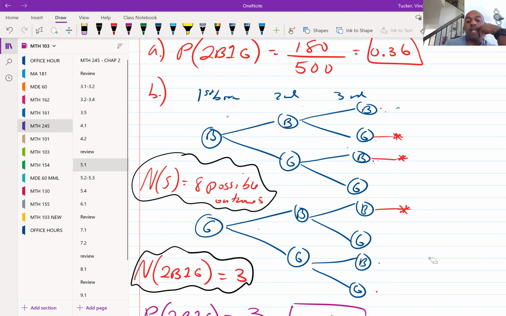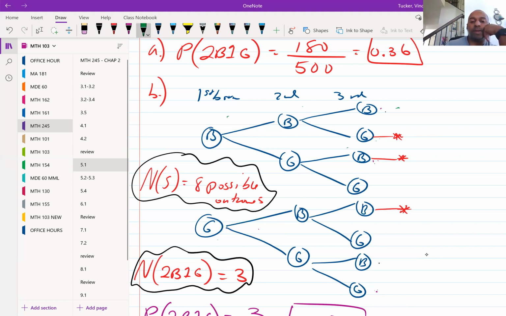All right. Now our event is 2 boys, 1 girl, not necessarily in any specific order. So then we will look at our 8 outcomes and see where we have 2 boys and 1 girl. So here we have boy, boy, girl. So that's one. Then boy, girl, boy. That's the second one. And then girl, boy, boy. That's the third one.